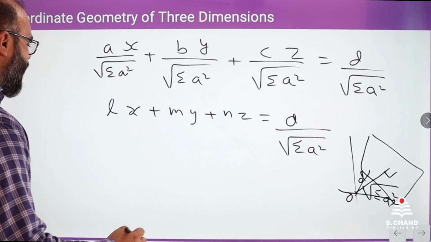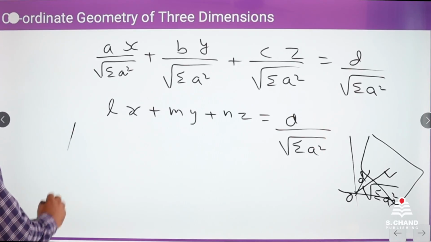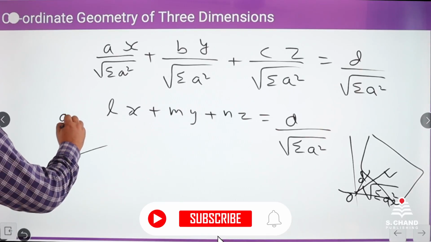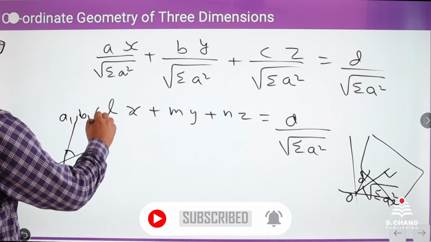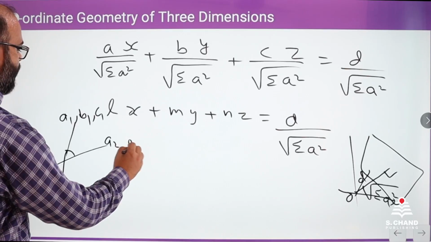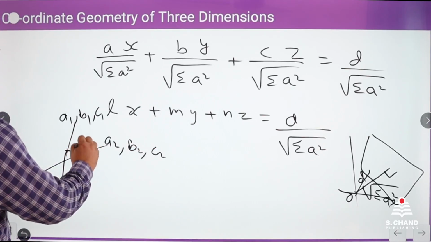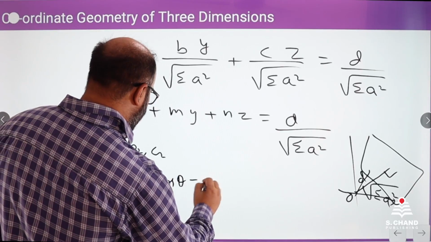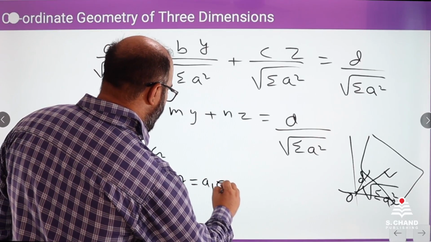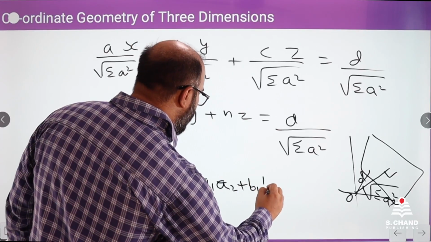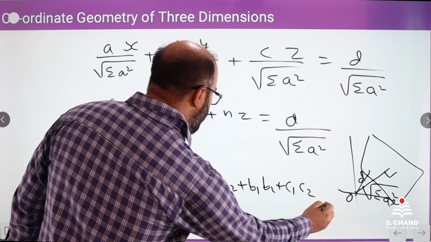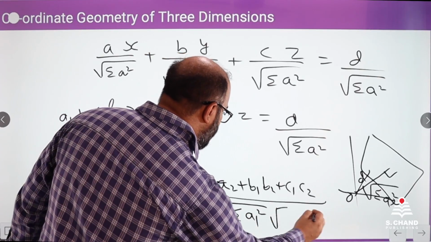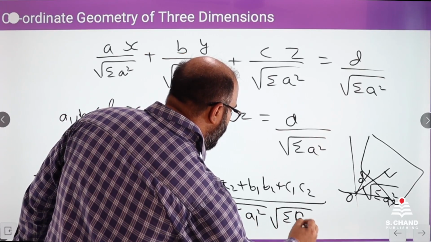Now if we are asked to find the angle between two lines, and one line has direction ratios A1, B1, C1, and another has direction ratios A2, B2, C2, then cos theta is equal to A1 A2 plus B1 B2 plus C1 C2 by root over sigma A1 square into root over sigma A2 square.